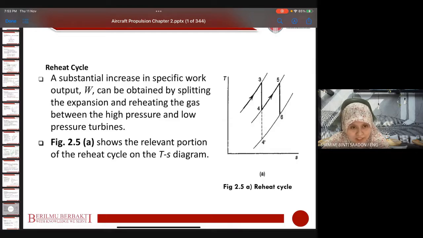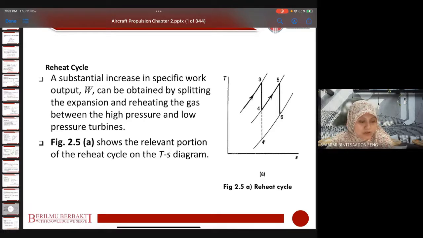One of the reasons is that we want to increase the specific work output. If we increase the specific output, it means that we increase the power output. So depending on our objective, our aim, if you want to increase specific work and the power output, one of the methods that we can use is to reheat the working fluid by using the reheat cycle.